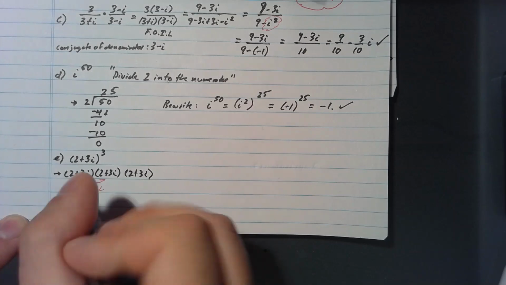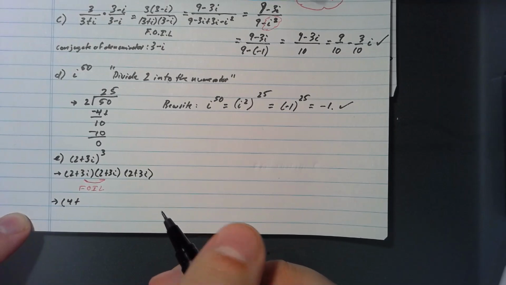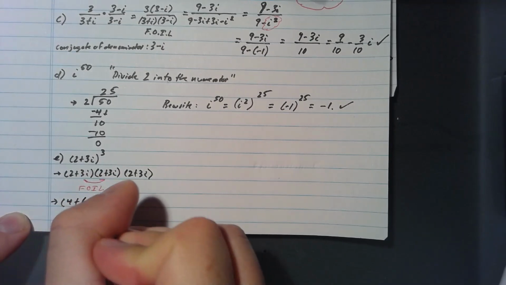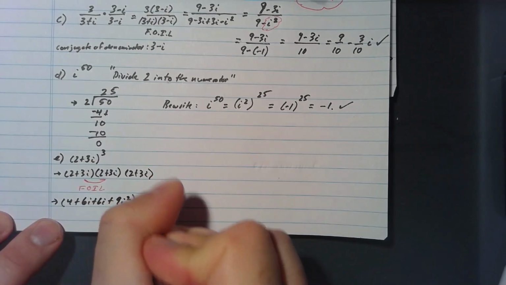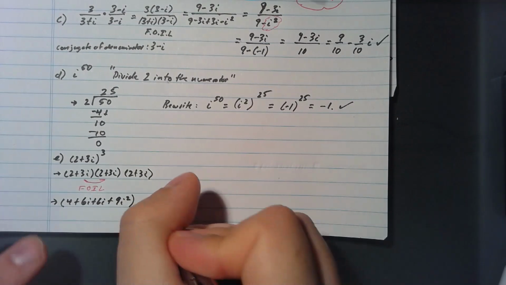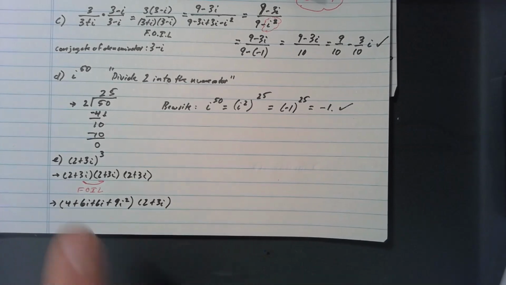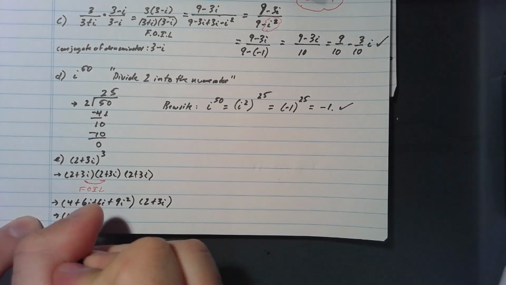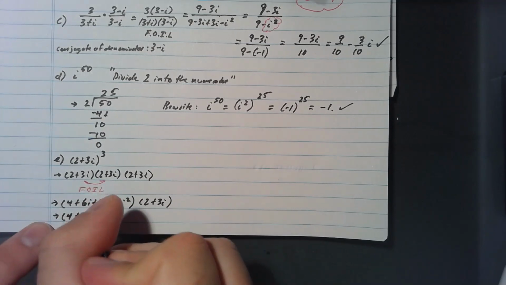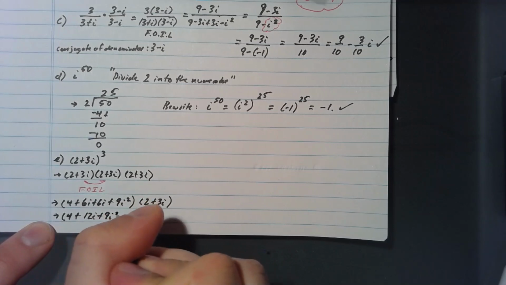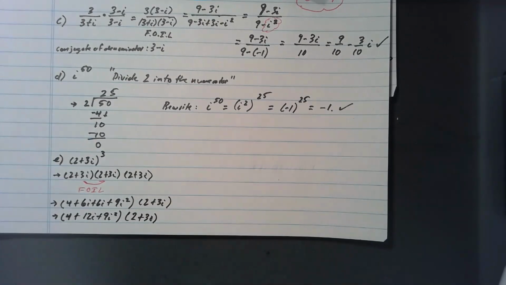So when I FOIL this, I get 4 plus 6i plus another 6i plus 9i squared, times 2 plus 3i. Let me simplify this down a little bit: 4 plus 12i plus 9i squared, times the third factor of 2 plus 3i.